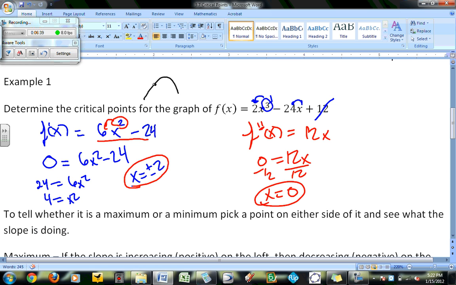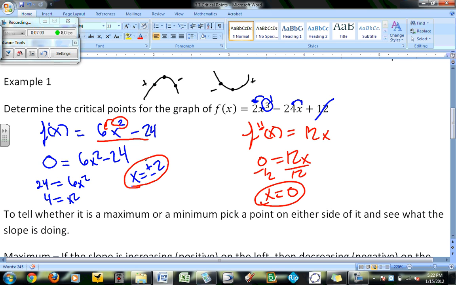So if we pick a point on the left side of our critical point and it's positive, and a point on the right side and it's negative, we have a maximum. And if we have a minimum, here's my critical point. If we pick a point to the left and the slope is decreasing, and then on the right side it's increasing, then we have a minimum.